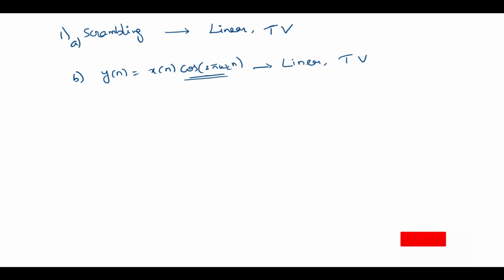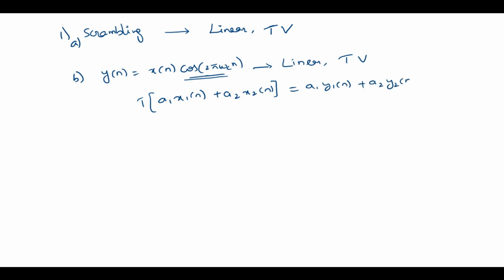For that you can check the transformation of a1 x1 of n plus a2 x2 of n, that should be equal to a1 y1 of n plus a2 y2 of n. So it is linear. For time invariance, the response of a system to a shifted input sequence should be equal to the shifted response.